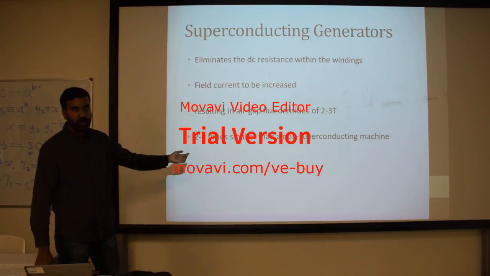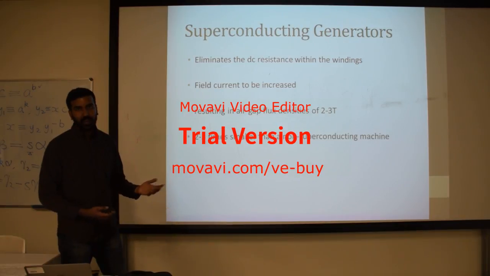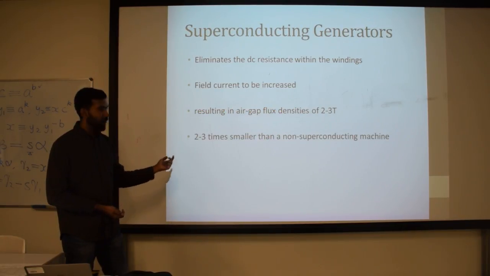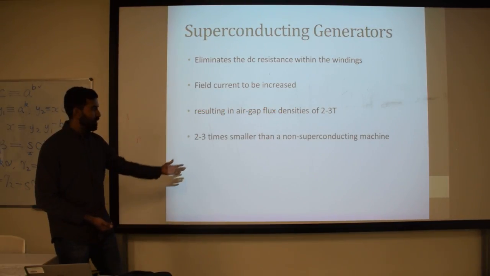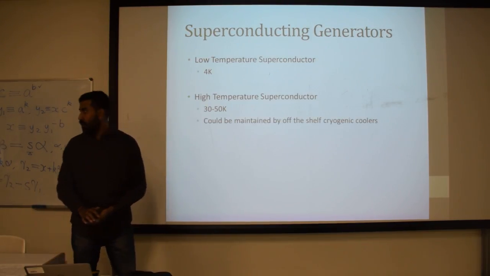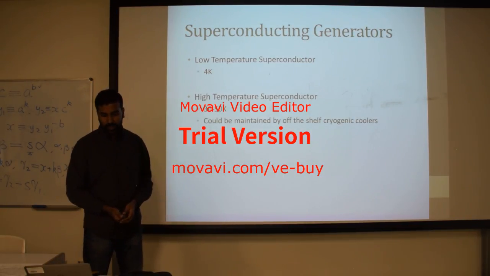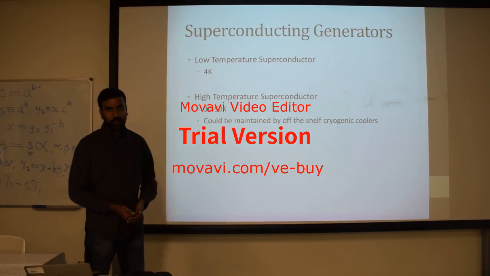And because they are smaller, you can easily deploy them out at sea, where the bases, transportation and maintenance become cheap overall. Now superconducting wires are of two types. There's the low temperature superconductor and the high temperature superconductor.